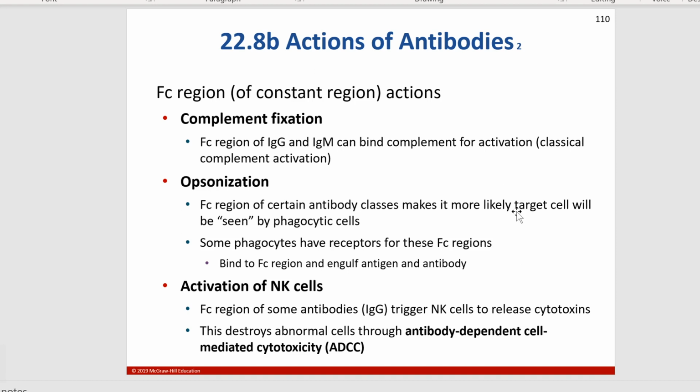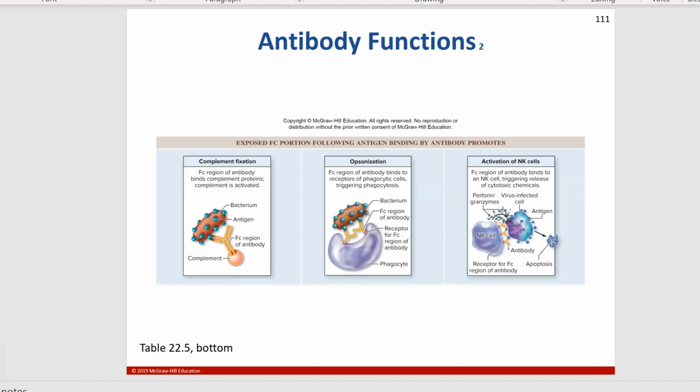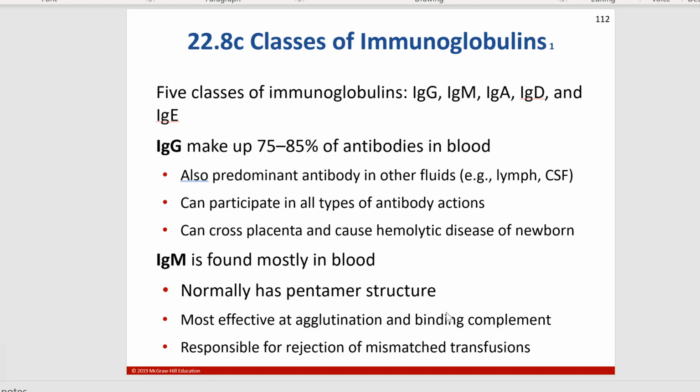Remember, we talked about some of those things: helping to target something, or making a hole in the membrane. Opsonization: some phagocytes have receptors for the Fc region of antibodies, which makes it more likely for the target cell to be seen. So opsonization, again, is the flag action. They can also activate or trigger natural killer cells.